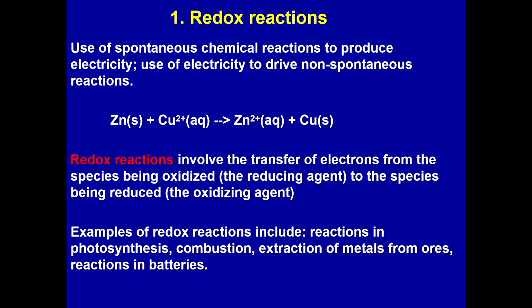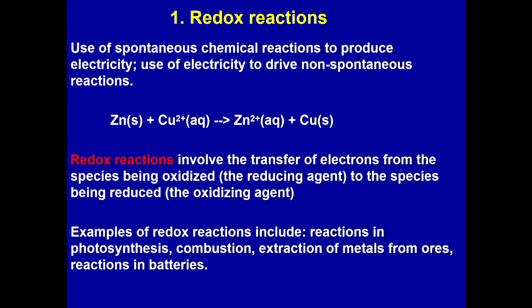It means that after the reaction, the free energy increases. So it's not spontaneous. The free energy should be less than zero. If the free energy decreases after the reaction, the reaction is spontaneous.